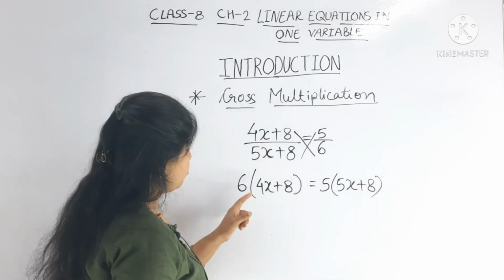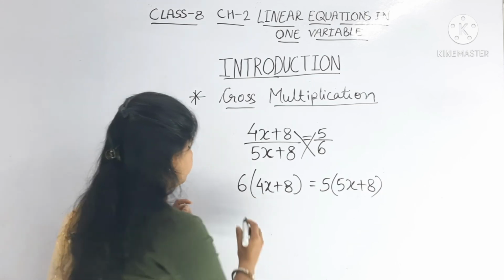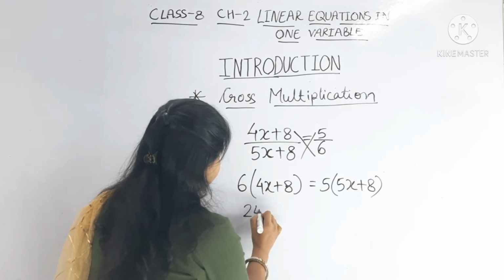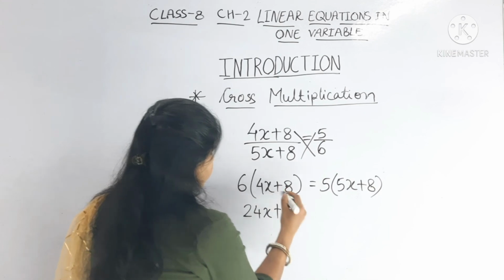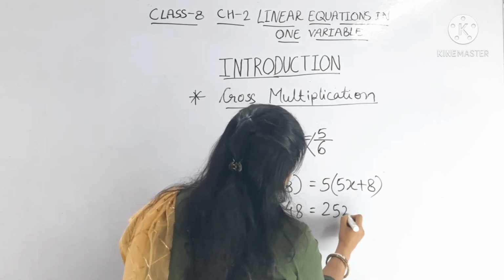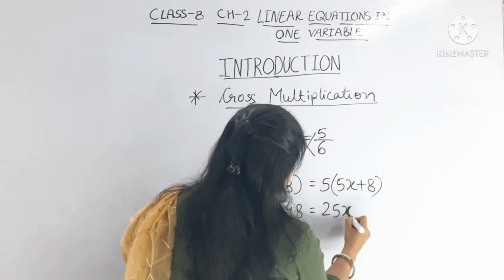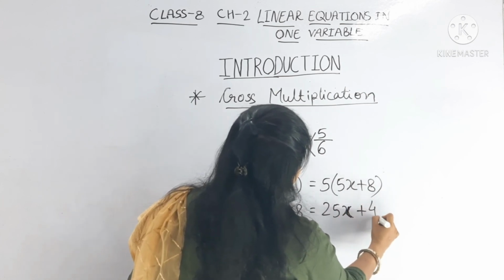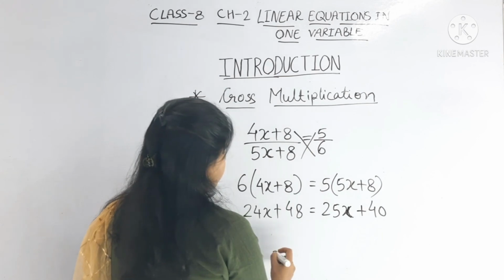Now you have to multiply with both. 6 4s are 24x, 6 8s are 48, 5 5s are 25x, 8 5s are 40, right?